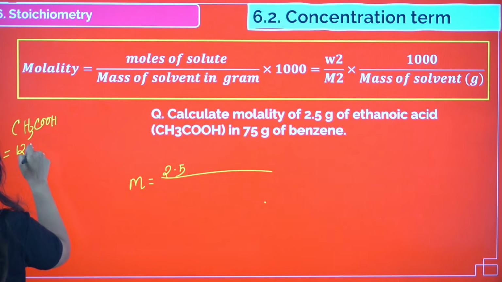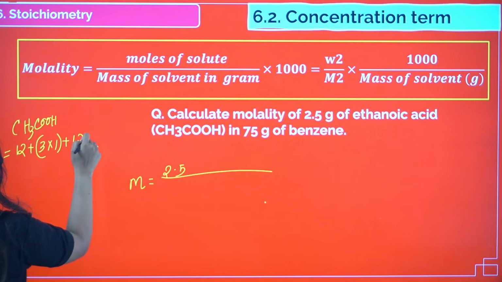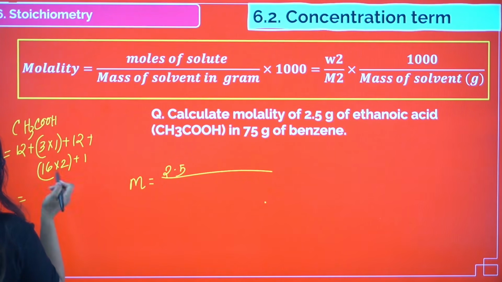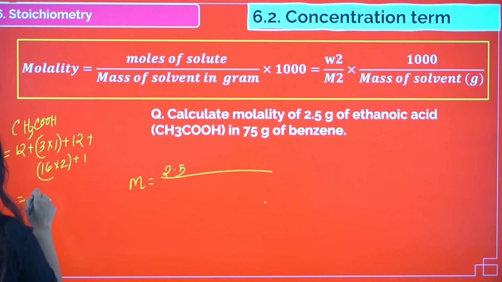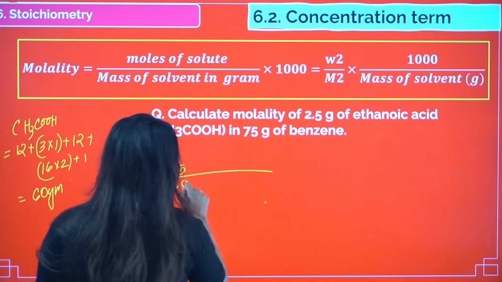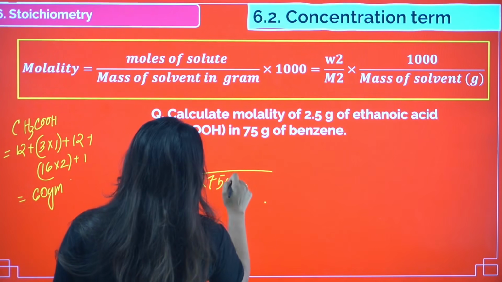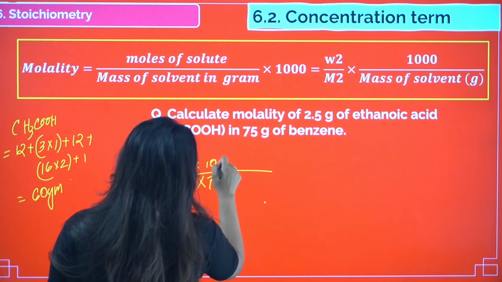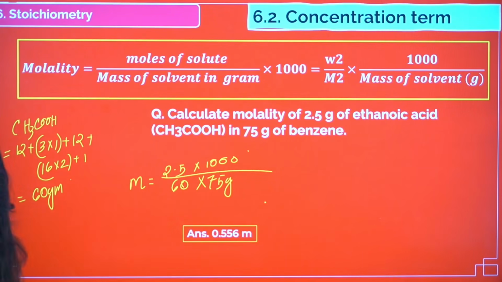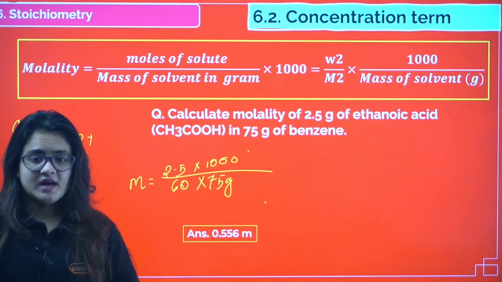So 12 plus 3 into 1 plus again 12 plus 2 oxygens are there, so 16 into 2 plus 1. So you will get something like 60 gram. So 2.5 divided by 60 into 75 gram of solvent into 1000, that's it. If you calculate this, your answer will come up to be 0.556 molal. I guess this is clear.